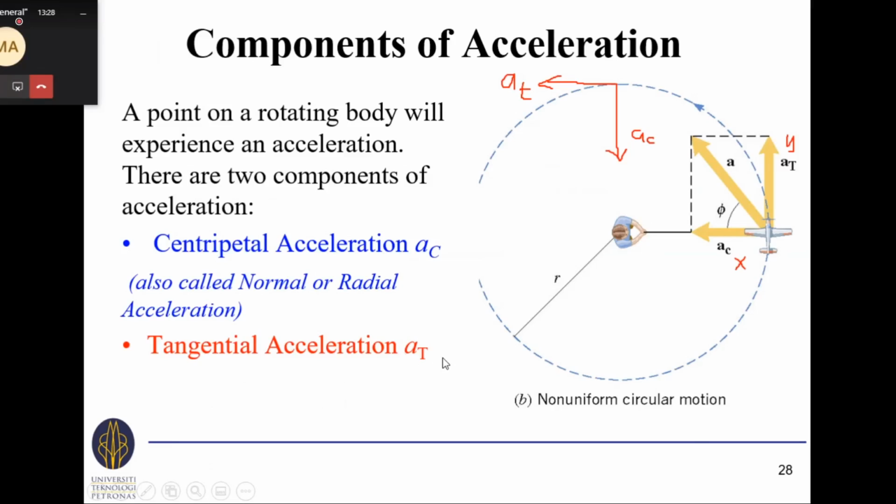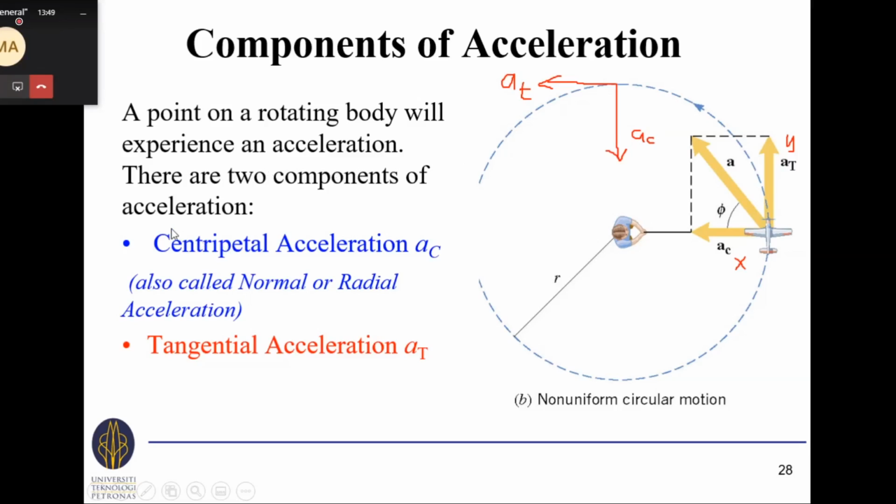Why do we have this tangential acceleration? Because this tangential acceleration is what we are going to use later in the talk and related to the torque.